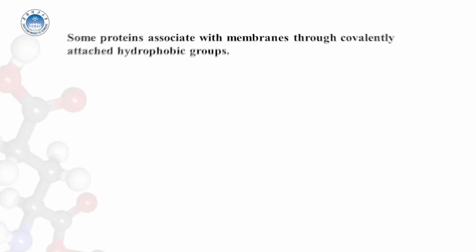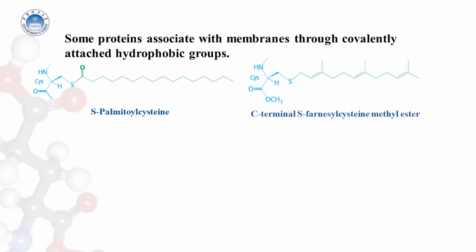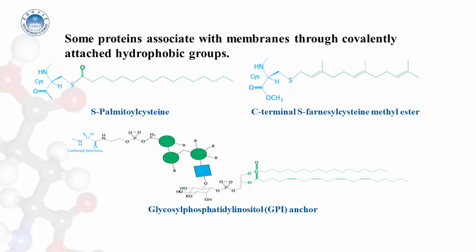The membrane proteins considered thus far associate with the membrane through surfaces generated by hydrophobic amino acid side chains. However, even otherwise soluble proteins can associate with membranes if hydrophobic groups are attached to the proteins. Three such groups are shown in the slides. These modifications are attached by enzyme systems that recognize specific signal sequences near the site of attachment.